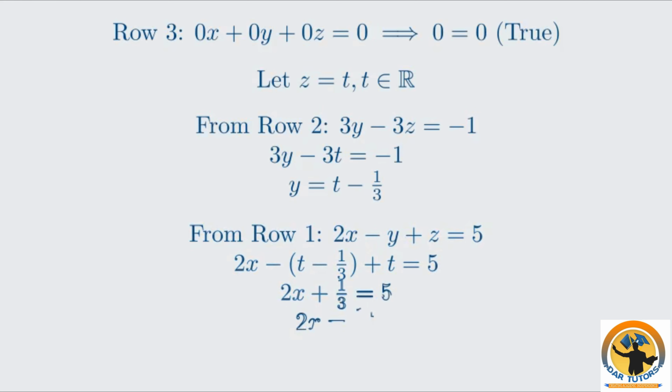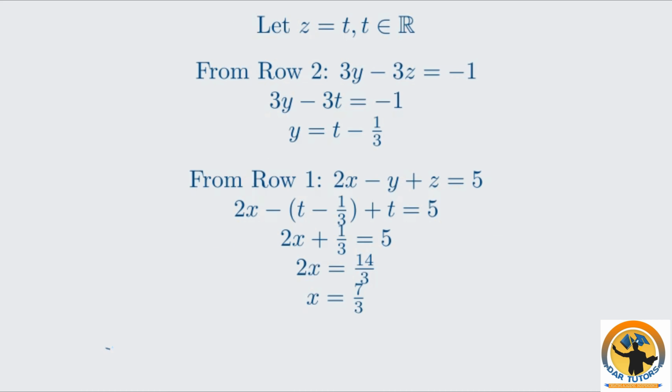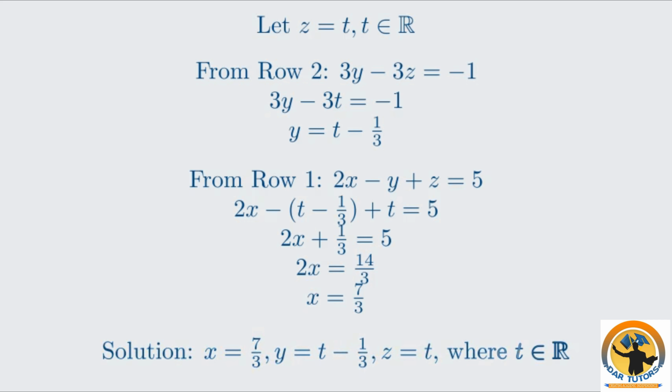This simplifies to 2x plus 1/3 equals 5, so x equals 7/3. The solution set is x equals 7/3, y equals t minus 1/3, and z equals t, where t can be any real number. This describes an infinite line of solutions in 3D space.